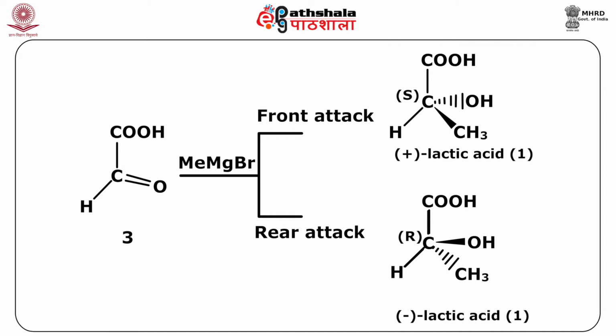Thus, the carbonyl group in the glyoxylic acid also is prochiral and presents two heterotopic faces. Now you can see that glyoxylic acid is shown here, and by the attack on different faces, either the front attack or the rear attack, gives different lactic acid in terms of chirality.